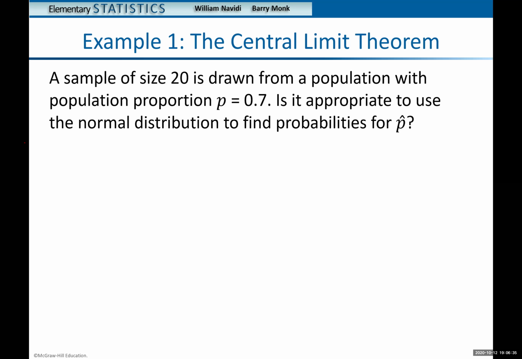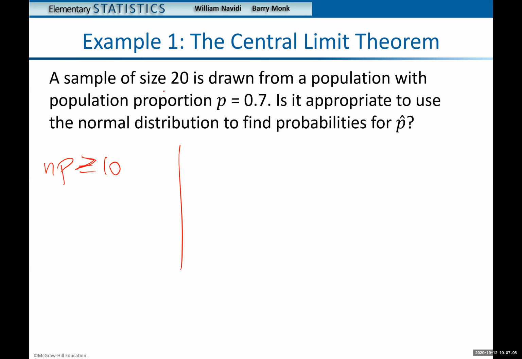Okay, let's check this. A sample size of 20 is drawn from a population with a population proportion of 0.7. Is it appropriate to use the normal distribution to find probabilities for p hat? You have to check np, which should be at least 10.